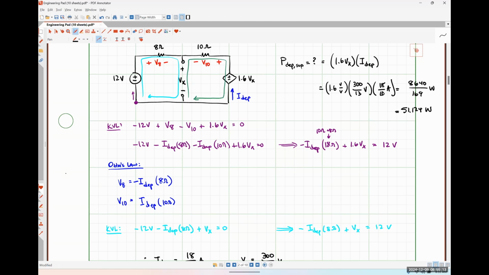All right. I'm surprised none of you guys have mentioned this. Usually I tend to have students complain about, well, why do you get to define a voltage Vx across that gap in the middle of the circuit? There's nothing there.